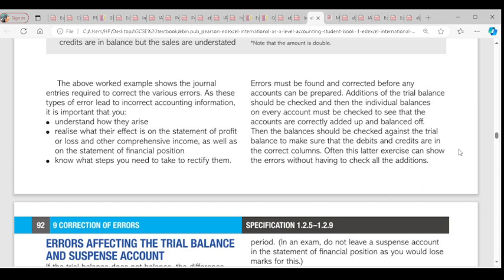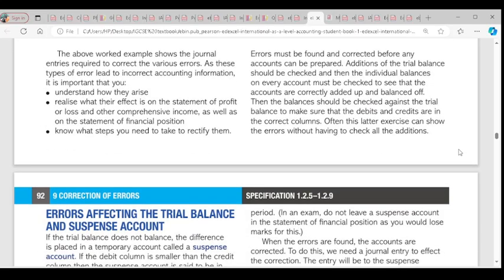So what I'm saying in essence is that as soon as we find the errors, we have to calculate the total in the trial balance and the total of the individual accounts, like trade receivables. We calculate the individual trade receivable accounts. We calculate the individual trade payables accounts. So the final figure must be equivalent to the trade receivables in the trial balance or the trade payables in the trial balance.